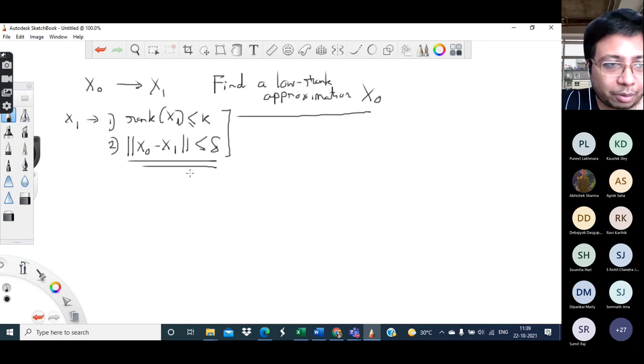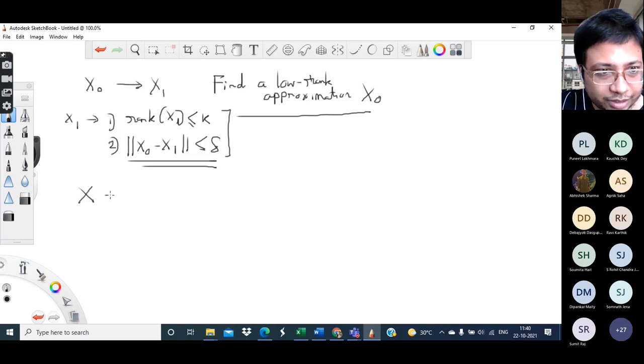Now you may be wondering why I am telling all these things. Till yesterday we were talking about singular value decomposition or SVD. So what has this got to do with SVD? It turns out that this has a lot to do with SVD.